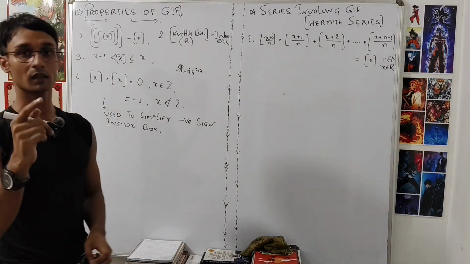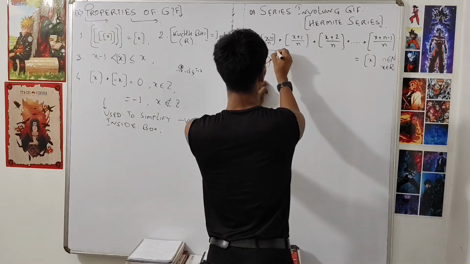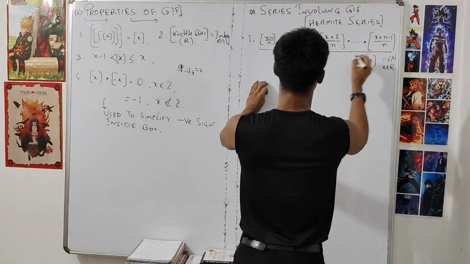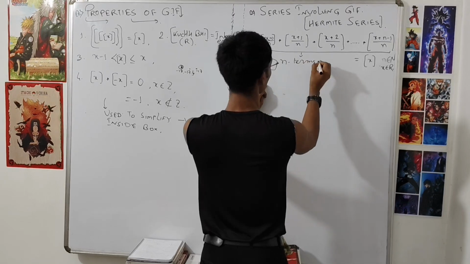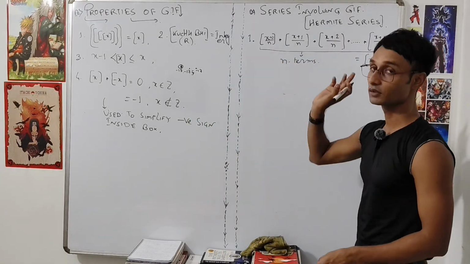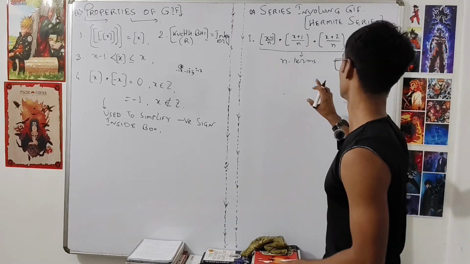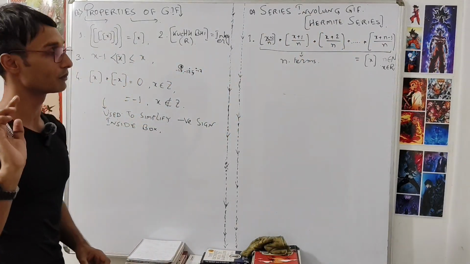Last one is x plus n minus 1 by n. So how many terms are here? These are n terms, right? It starts from 0 and goes to n minus 1. So 0 is also included, so there are total n terms, and the last one is n minus 1 by n.